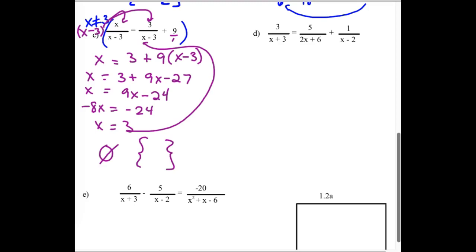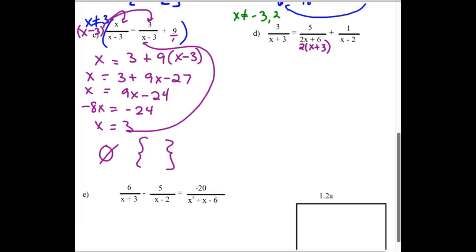All right, for D, I do want to think of this as 2 times x plus 3. Just like in our last chapter when we were getting common denominators, we had to think of it in factored form. So our common denominator gets a little more complex here. What are my excluded values? Negative 3 or 2.